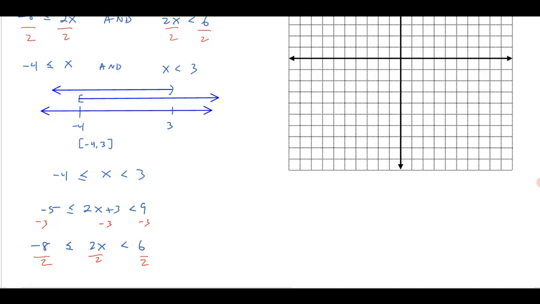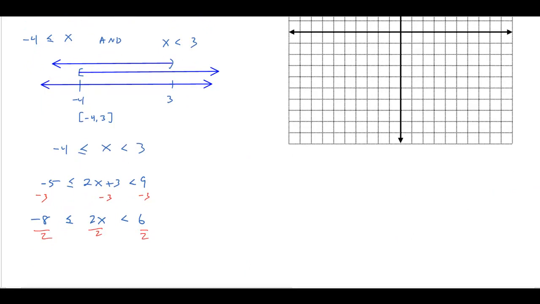And you see, if you compare that with what we did above, I'm going to get exactly the same thing, right? x is greater than or equal to negative 4 and less than 3. And that's my compound inequality. My x is sandwiched between negative 4 and 3, and I end up with, again, the same solution right there.